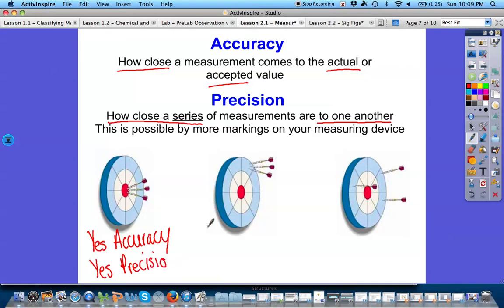On the middle target, we're not near the bullseye, so no to accuracy. But all 3 are close together, so yes to precision.